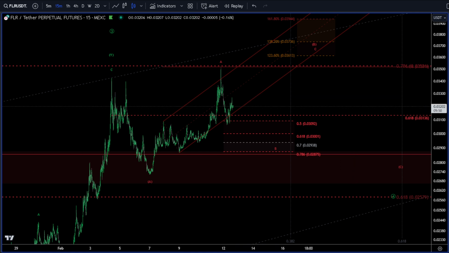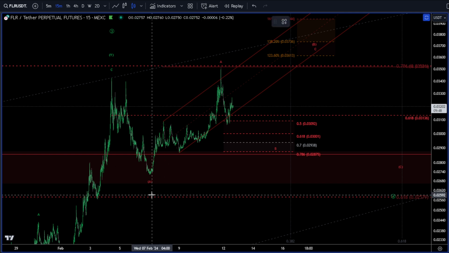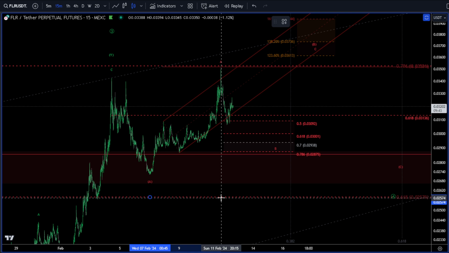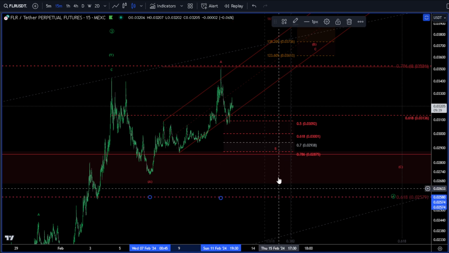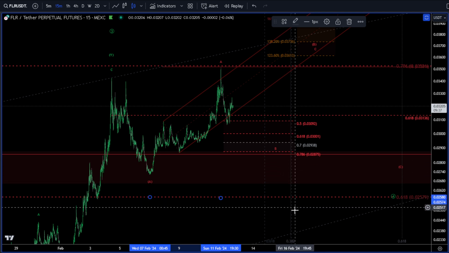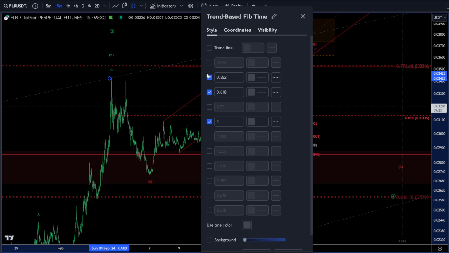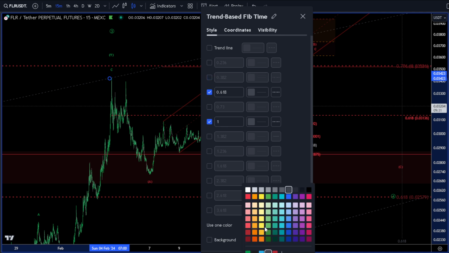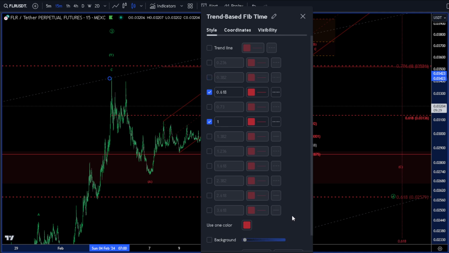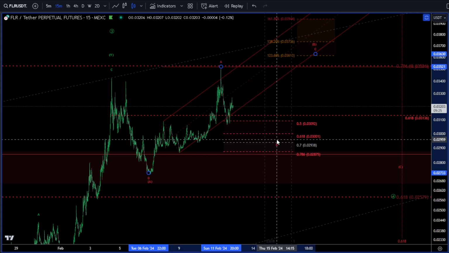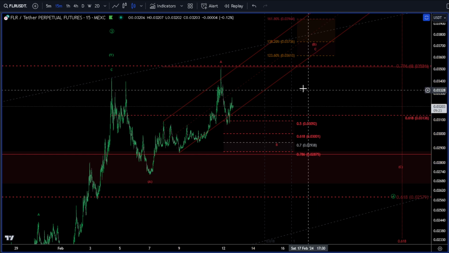But as of right now, you know I like to use time, and we can use that now just to track this at the moment. So we take our A wave within the B wave, put on our 618 and our 1-to-1, which is right here. Let me get rid of this 382 for the moment. Make that red. So looking for this B to pivot around this zone here.